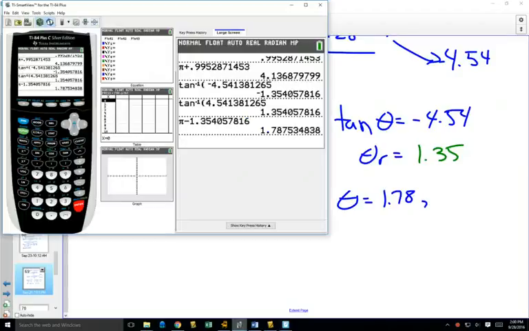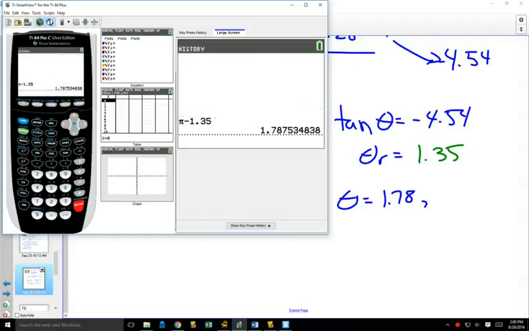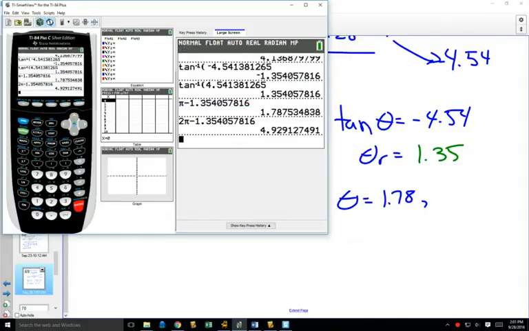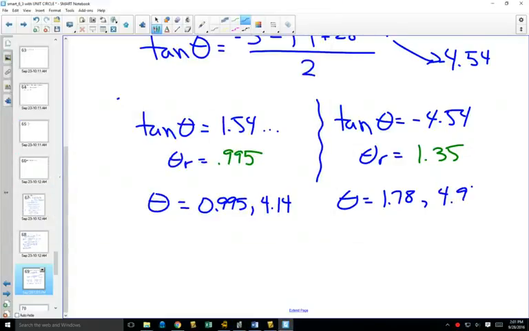And in quadrant 4, we'd go 2 pi minus that reference angle and get 4.93. I did that without drawing pictures.